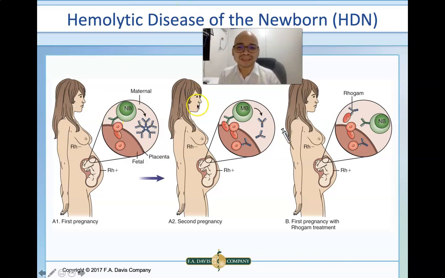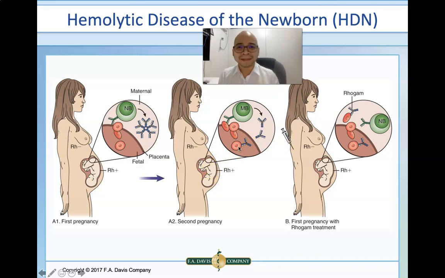So in the exchange between the fetal and maternal circulation, the maternal antibodies, IgG in particular, because as you can see here, this one is IgM, it cannot pass through the placenta, but only the IgG anti-D would be able to pass through the placenta. It will now destroy the RBC of the fetus.